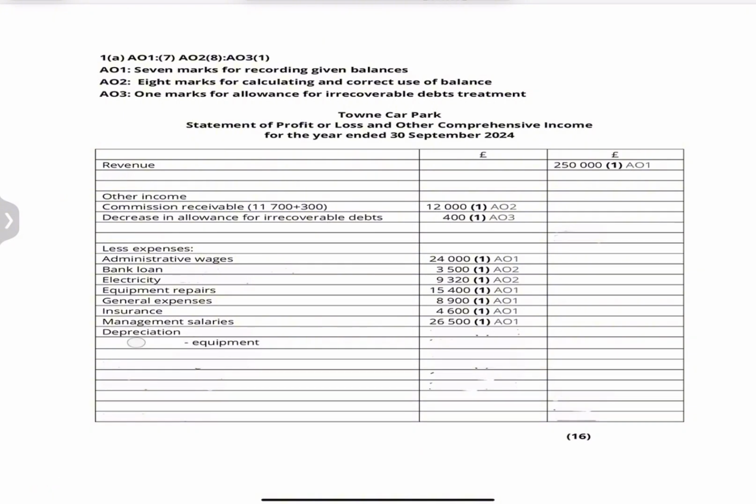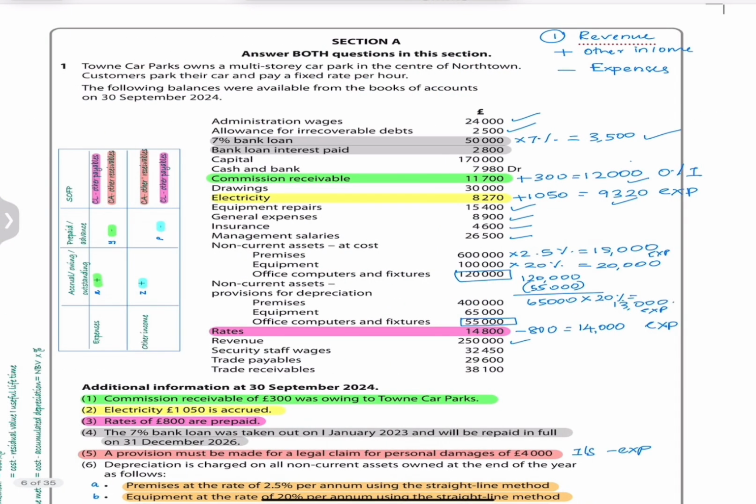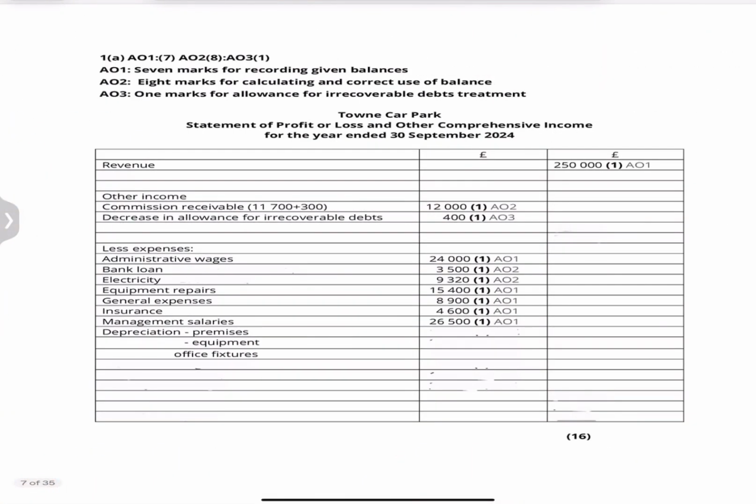Depreciation for equipment, office fixtures, and for premises. As you can see here, for premises, we have 15,000, equipment 20,000, office computers you have 13,000. So let's enter those figures.